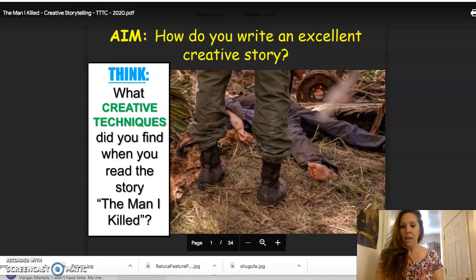Maybe it'll be from the perspective of a little girl, a civilian in the war. It could be anything. You have to use at least a few creative techniques and try to include them. And again, this is a very, very short anecdote from the war, a snapshot. So your story should only be 3/4 to 1 page long.